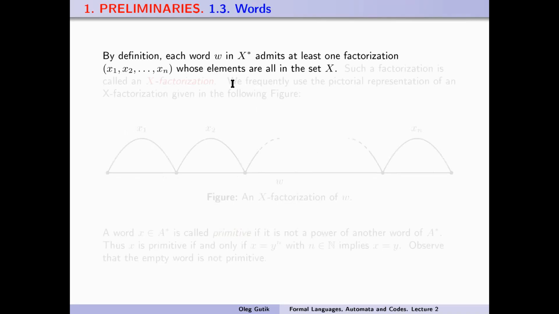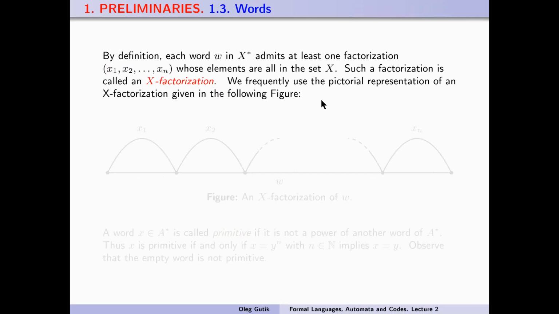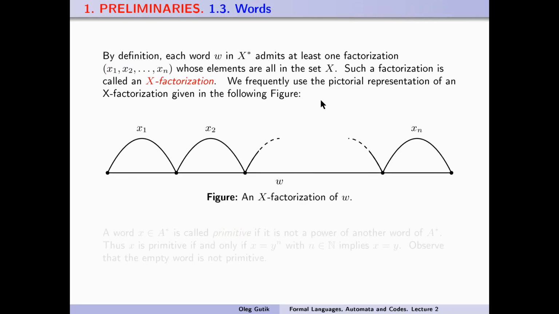By definition, every word in a monoid X star admits at least one factorization whose elements are elements of the set X. Such a factorization is called an X factorization. We frequently use a pictorial representation of an X factorization given in the following figure.